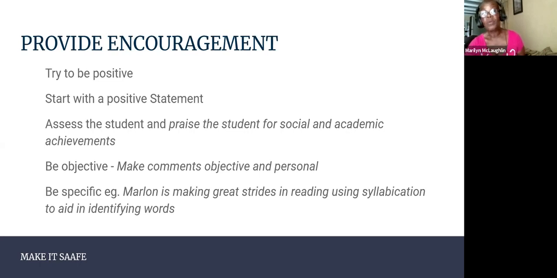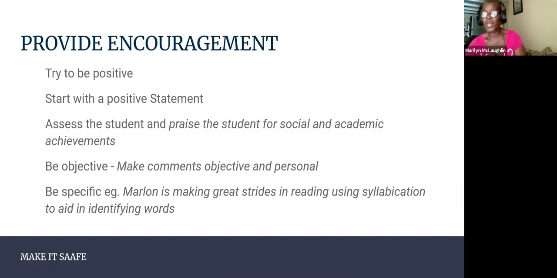You have to provide some form of encouragement and be positive. So when you're writing your report card, you're going to start with a positive statement. Let the parents want to read the comment. When they see the positive statement, they're going to want to read to see what is coming next.